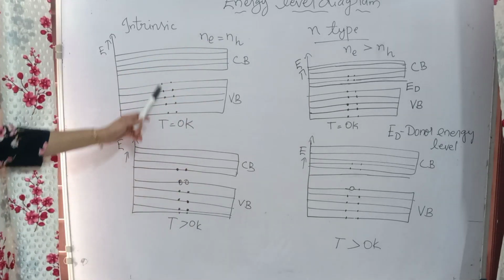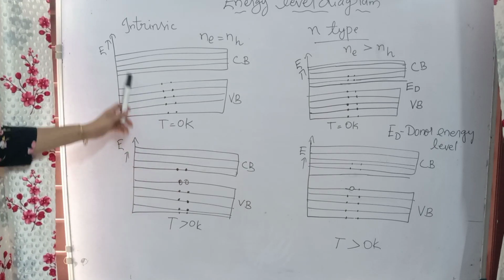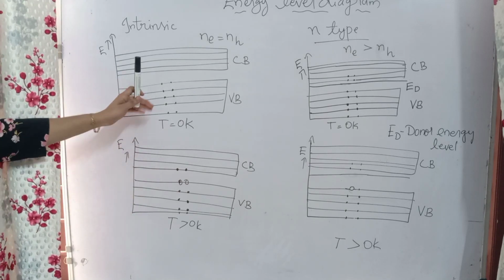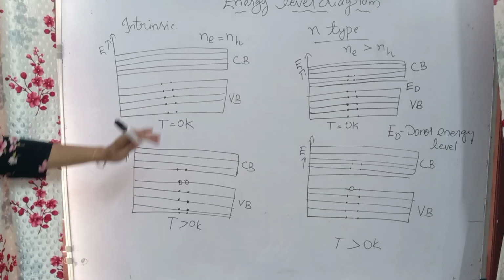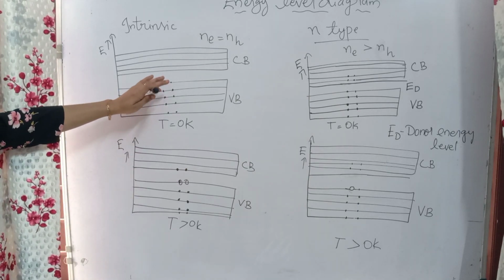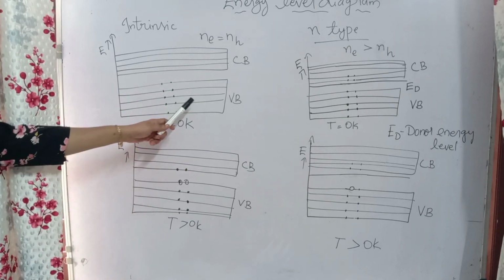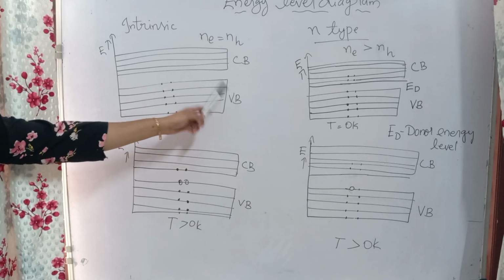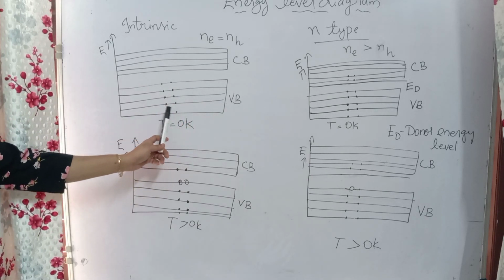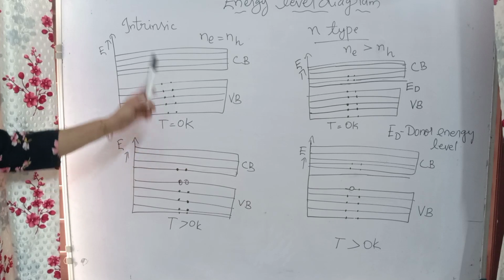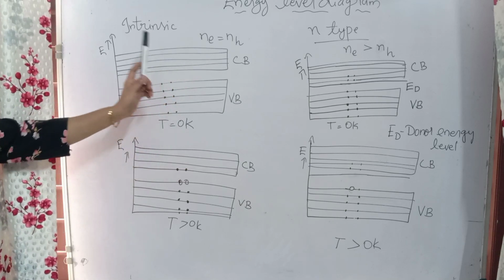Okay, so what will happen here? Here we have to draw the energy level diagram, and it is very easy to understand. Okay, if you know the concept, it is easy to draw again. So here we can see the valence band is completely filled. That means 2 electrons will be there in each energy level, and the conduction band will be empty.